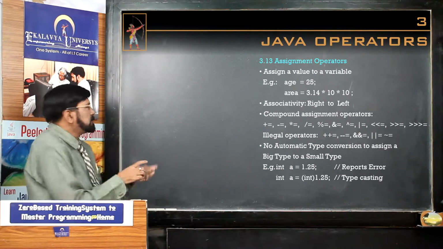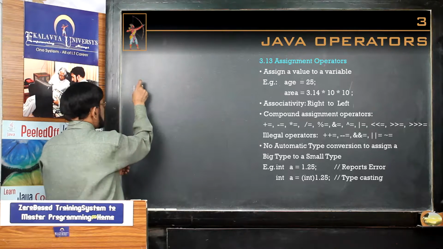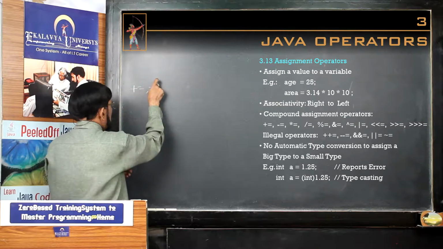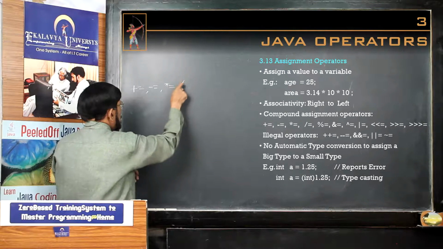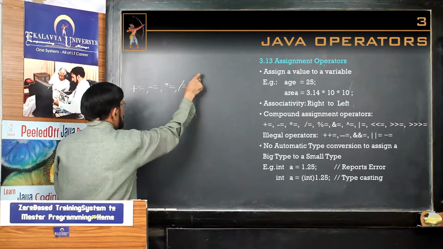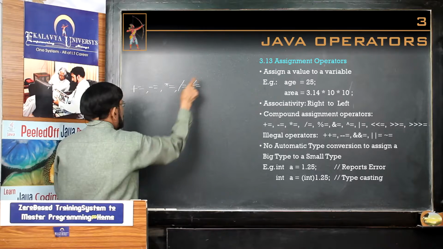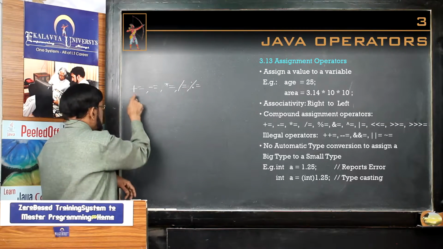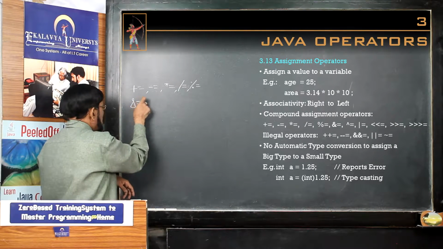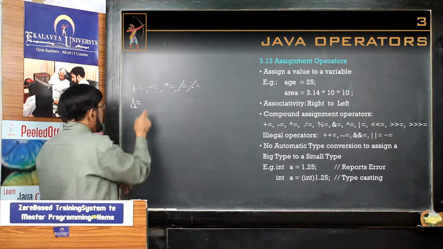Just I have listed here: plus equal to, minus equal to, multiplication equal to, division equal to, modulus equal to, and as far as bitwise operators or Boolean logical operators are concerned, you can write them.